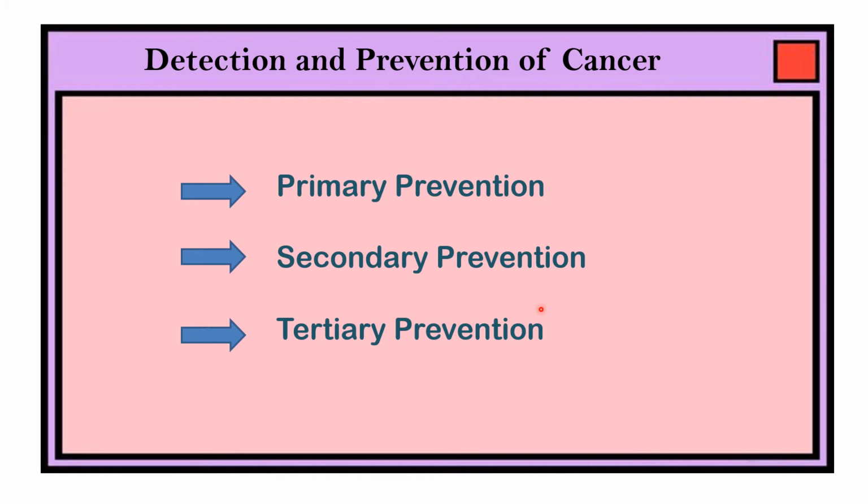Secondary prevention, pwede natin i-apply yung inyong health assessment. Tertiary prevention, ibig sabihin meron na itong infected na or affected na yung patient with cancer, diagnosed na yung patient. So we are preventing the development of second malignancies of those cancer survivors.